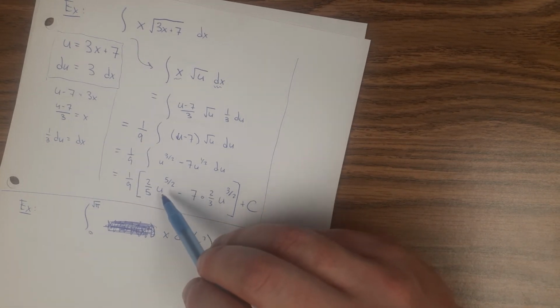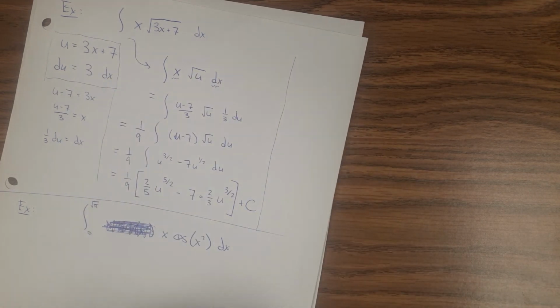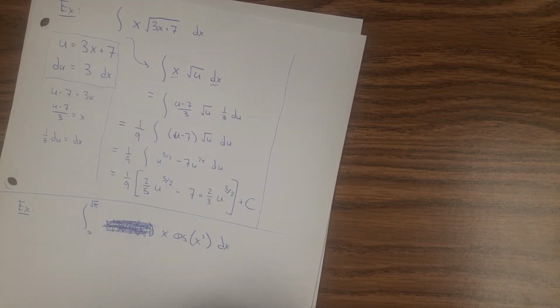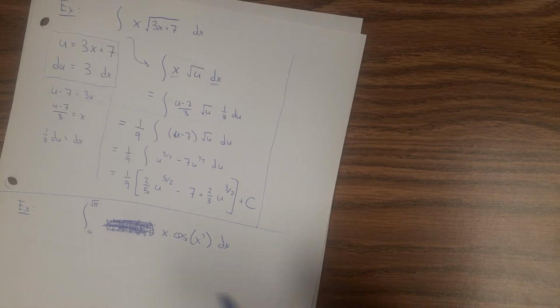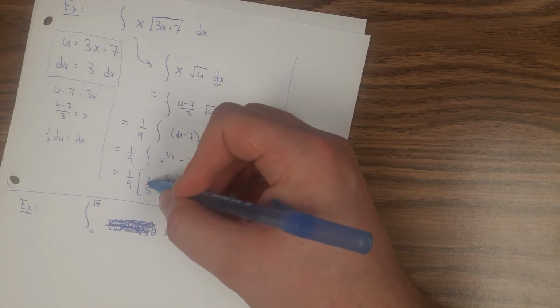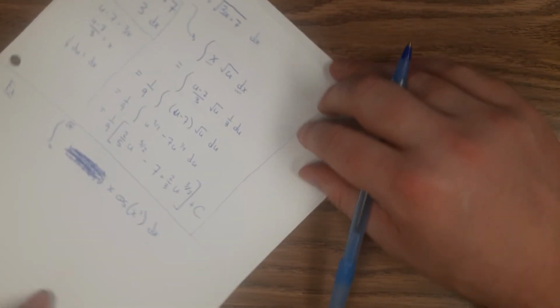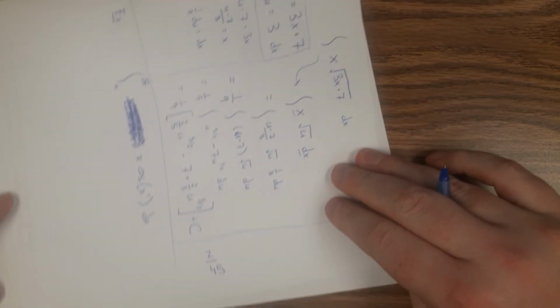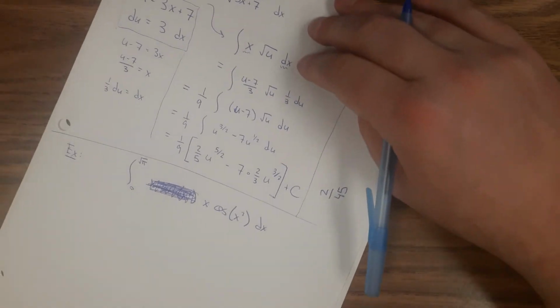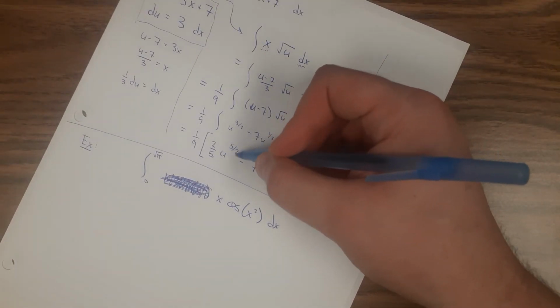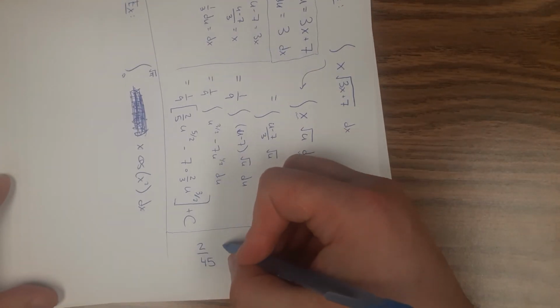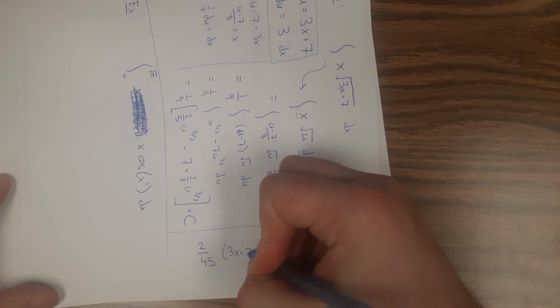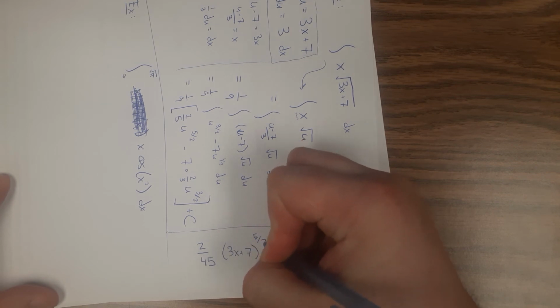I also have to leave my final answer in terms of x's and not u's. So here we go. This fraction is now going to be 2/45, right? So I'm going to have a 2/45 u to the 5/2. So that's 3x plus 7 to the 5/2.